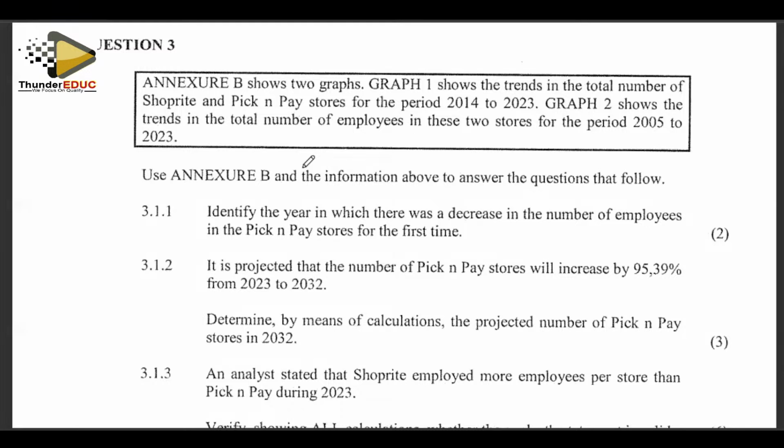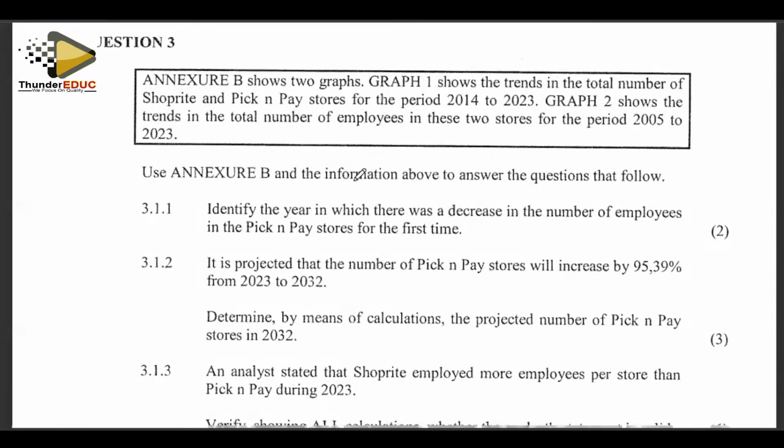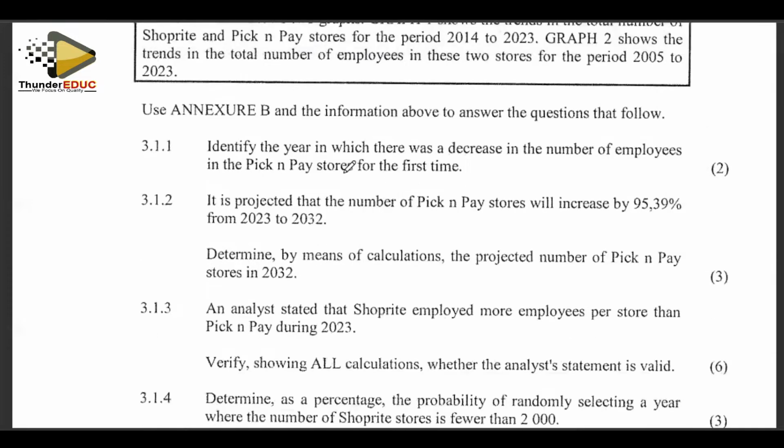And graph 2 shows the trend in the total number of employees in these two stores for the period of 2015 to 2023. So here we say, use Annexure B and the information above to answer the questions that follow. Identify the year in which there was a decrease in the number of employees in Pick and Pay stores for the first time.